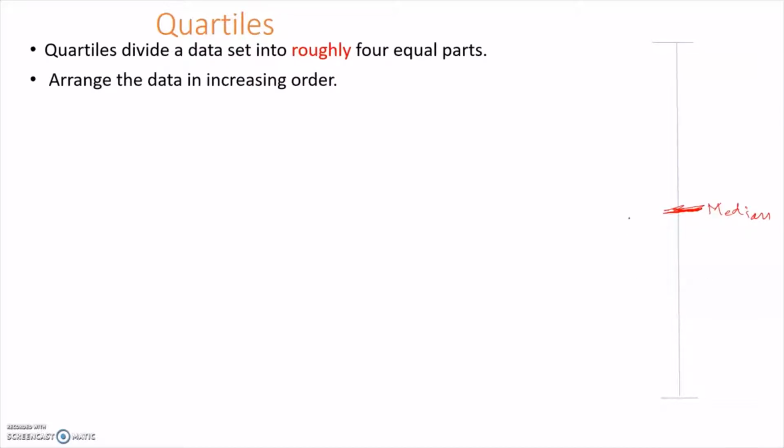This part is called the bottom half, and this part is called the top half. So the median divides our data set into 2 halves, right? This is 50%, this portion is 50%, and this portion is 50%, right?